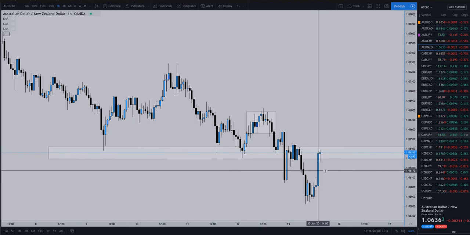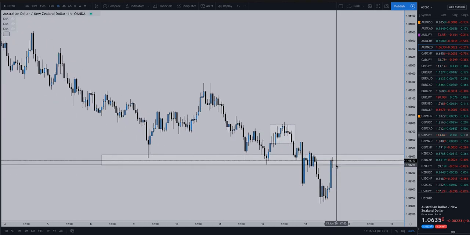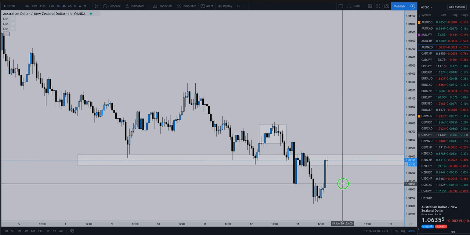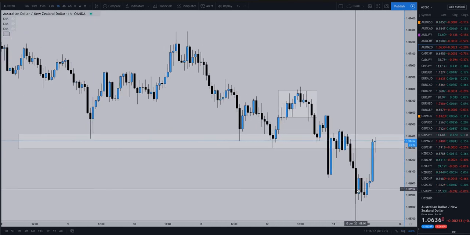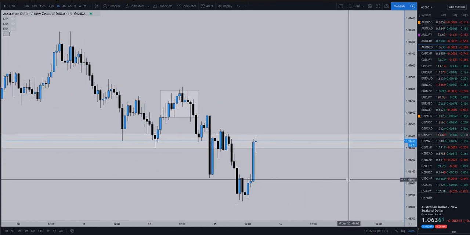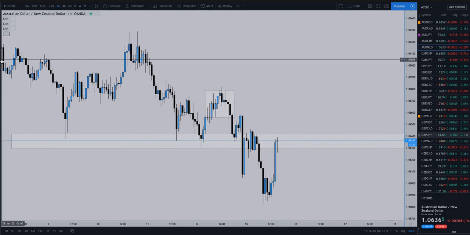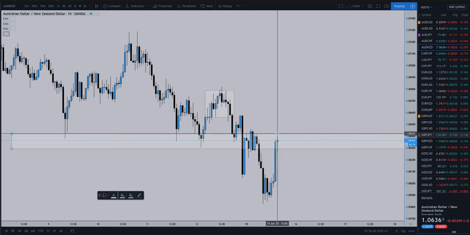Maybe a day, but this one could happen within the next 12 hours. If it's going to go bearish, it could happen within the next 12 hours. It could happen within the next 2 hours. So that would be the intraday trade for AUD/NZD, the intraday or weekly trade.